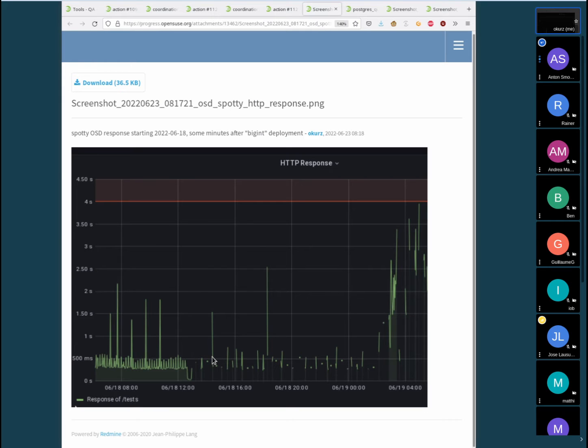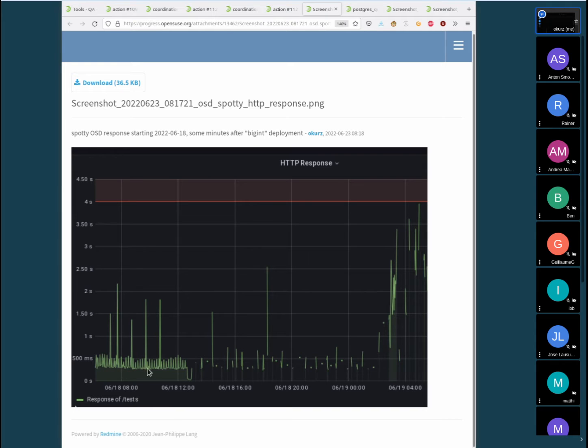Sorry, maybe I'm too fast, but in this picture I don't see anything higher than 4 seconds. Very good point. So we did observe some problems and we did receive some alerts. I come to that, but not from this graph, which would be the obvious one.